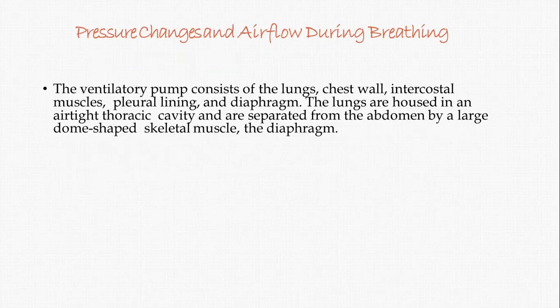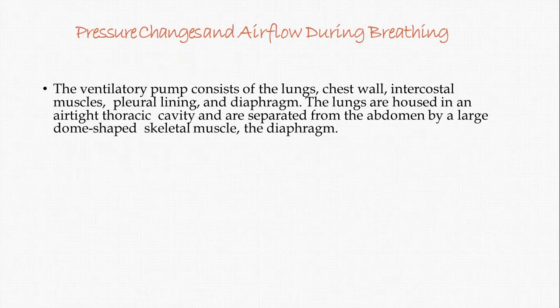But before discussing that, let us see what the ventilatory pump is comprised of. As we have seen in the previous session, the lungs, the chest wall, the intercostal muscles, the pleural lining, and the diaphragm all contribute to forming the ventilatory pump.